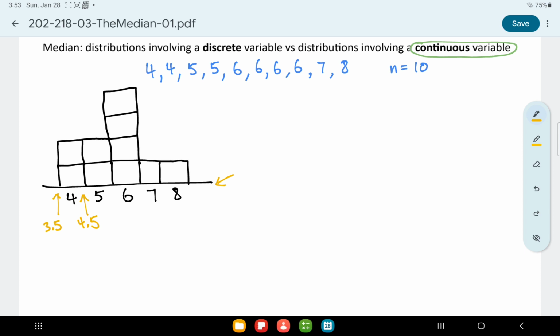Okay, 5 boxes versus 5 boxes. So one way to think about this is to go through the procedure of counting. Let's just say if we begin by counting from the left side onwards, 1 square, 2 square, 3 square, 4 square, okay?